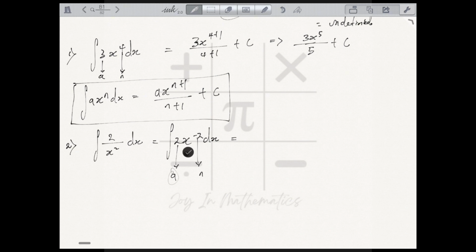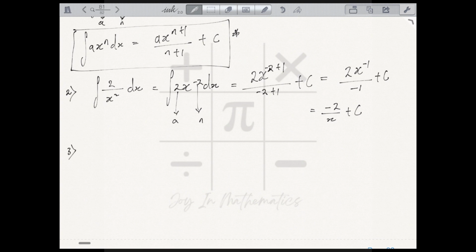Therefore, let's apply the formula. A is 2 and n is minus 2 plus 1, divided by minus 2 plus 1, plus c. Solving further, we have 2x raised to power minus 1 divided by minus 1 plus c. And this is the same thing as writing minus 2 over x plus c.